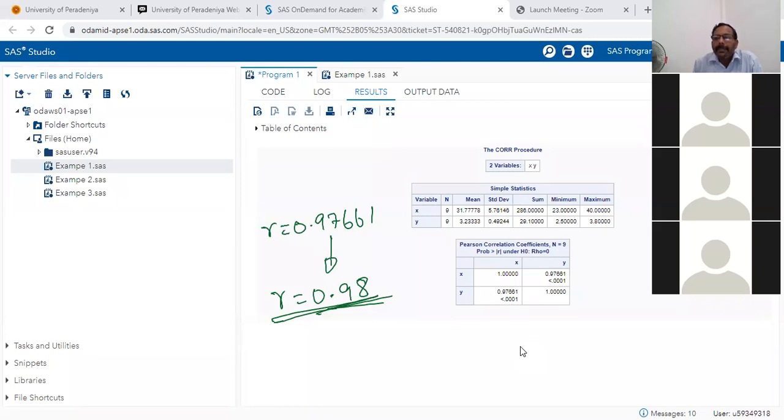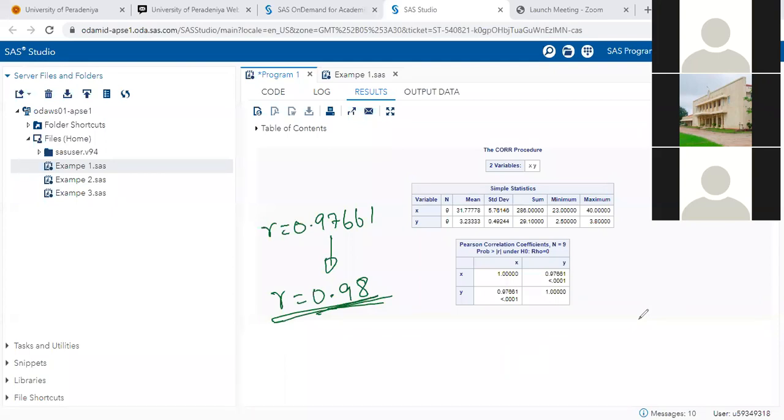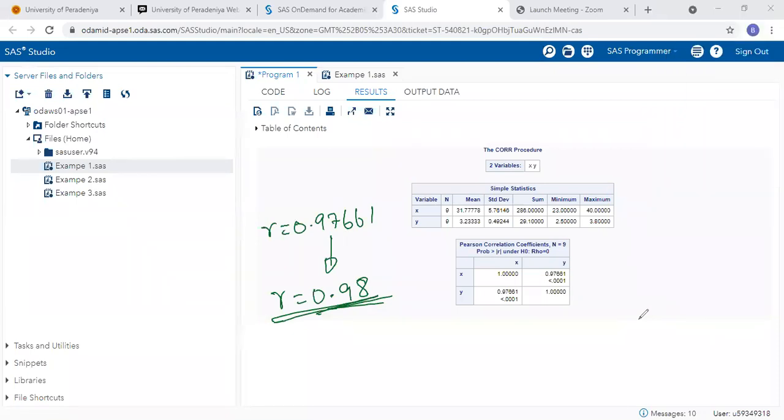Vidusan, what is the possible range of values of R? 0 to 1, sir. 0 to 1 is one possibility.